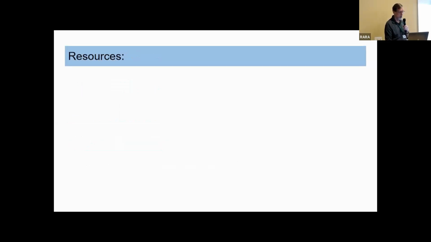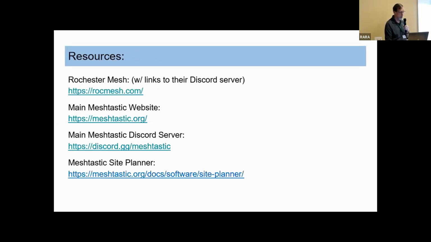Where are we at? And then I got a few links here. If you're interested in the Rochester mesh, there's like 3 or 4 different Discords where people are talking about Rochester mesh. I picked one, which has a website that redirects you to the Rock Mesh.